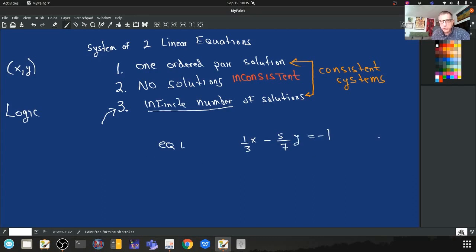So that's equation 1. And I'm going to produce an equation 2 that is algebraically derived from this one. The first thing I'm going to do is notice that the LCD of 3 and 7 is equal to 21. So I'm literally going to multiply both sides of this equation by 21.